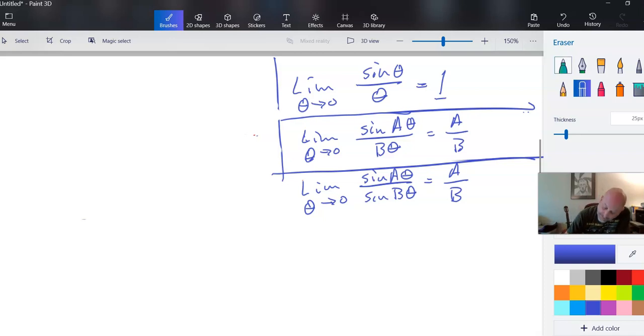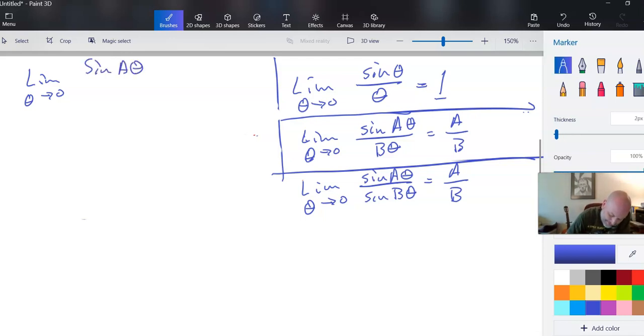Okay, so let's go ahead and start with this limit. So we have the limit as theta goes to 0 of sine a theta, it could be x though, as long as the variable of the limit is also x, over sine b theta. Okay, so if we remember what we did, we started by separating these.